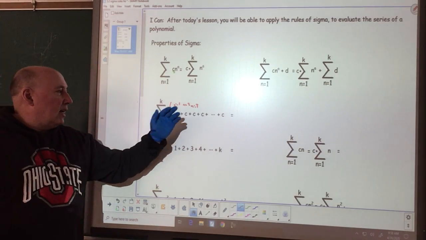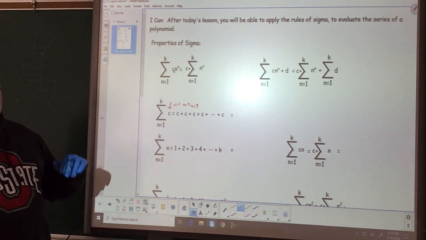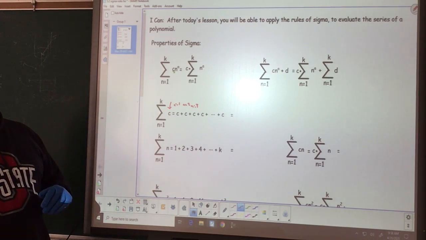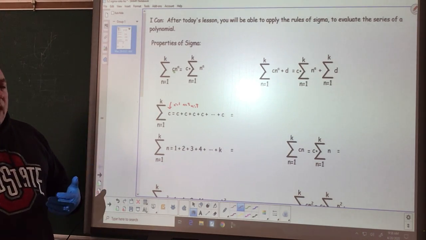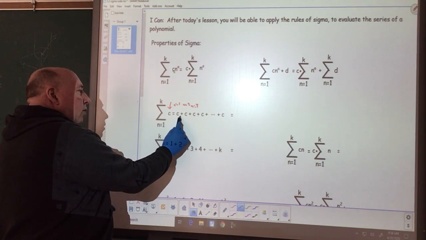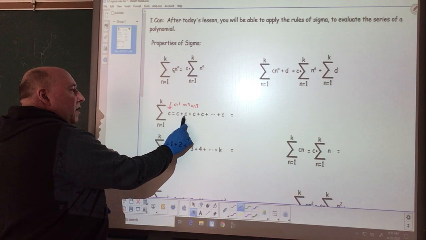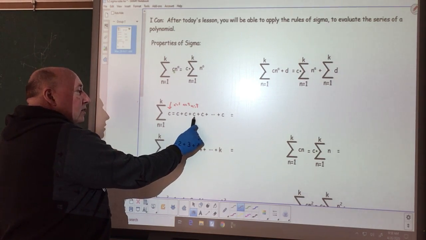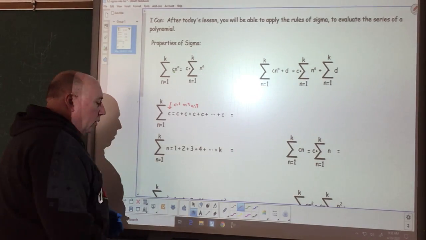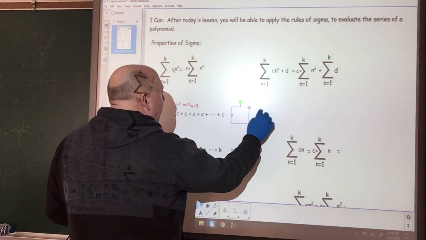I'm just adding up k of these constants. Well, I have c plus c plus c. If k was 2, I would have 2c, or if k is 3, I'd have 3c. If k is 4, I would have 4c.